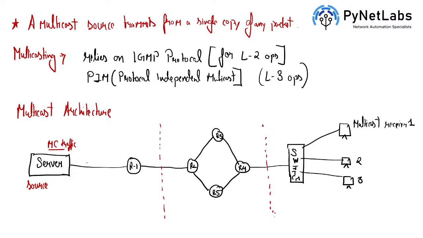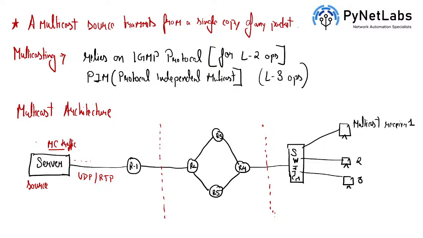Whenever the multicast traffic goes from this link, which is connected via R1, it is going to use only two protocols, either UDP or RTP, the Real-time Transport Protocol. As this is a media server, only UDP and RTP will be used here.